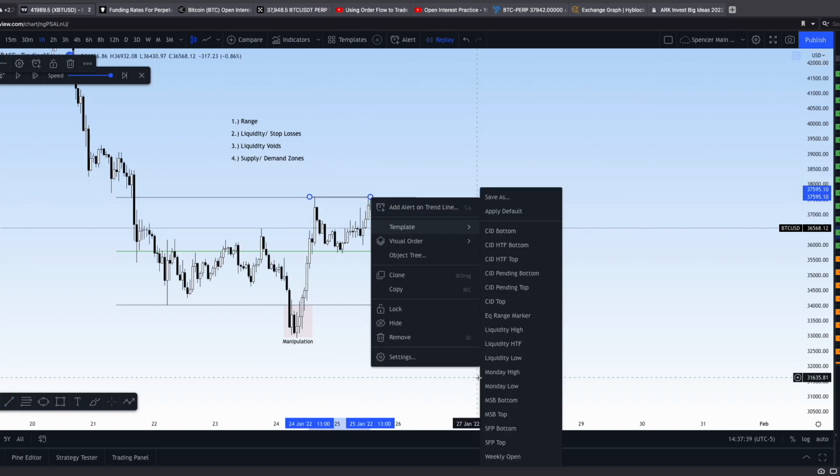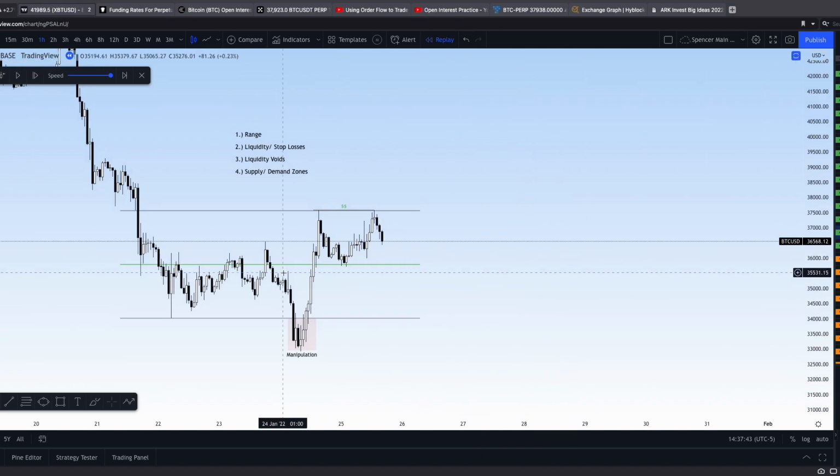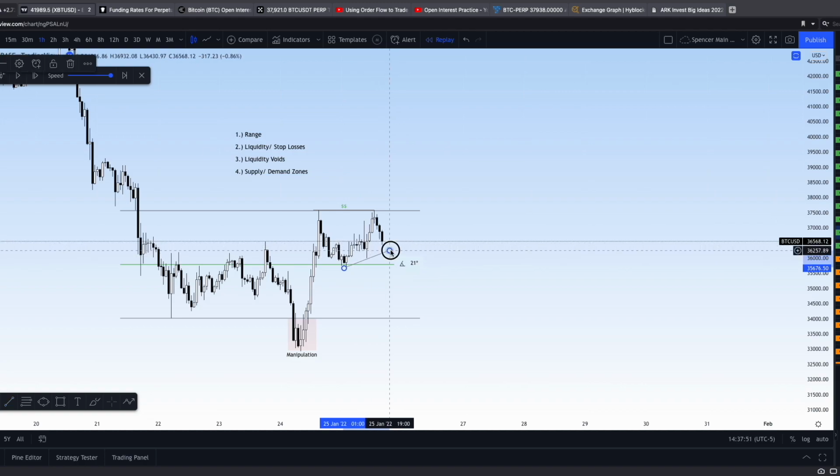Mark that out. There you go. And we can also see right here that none of the lows have been swept as well on the way up.